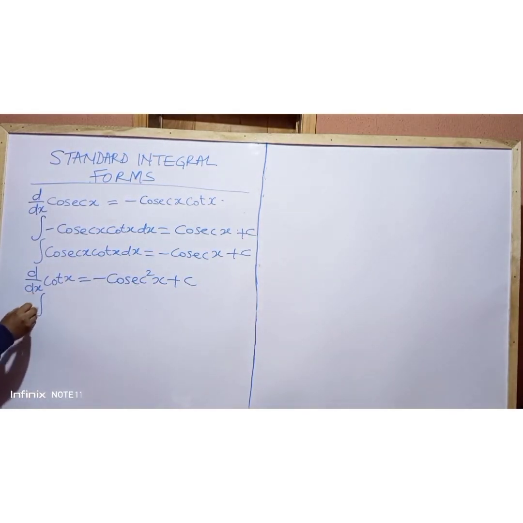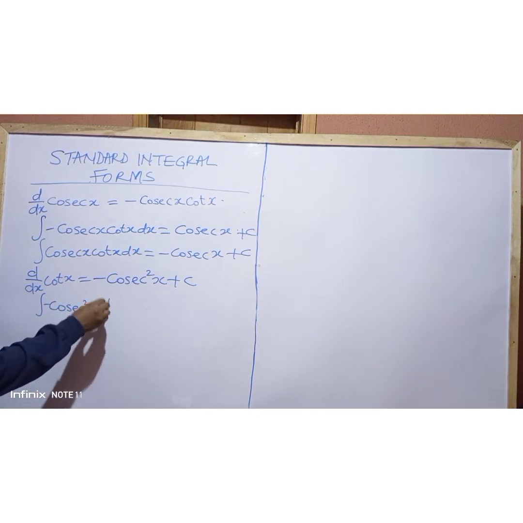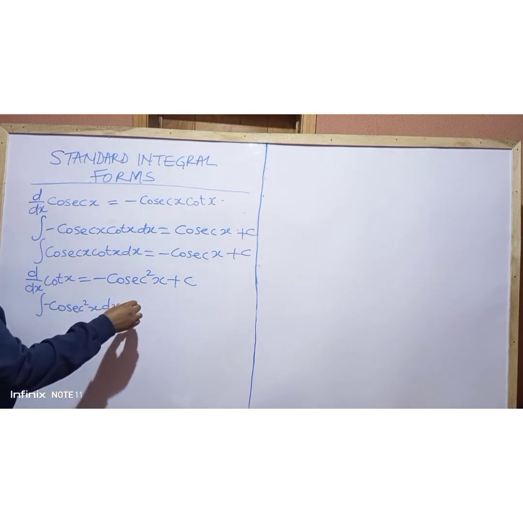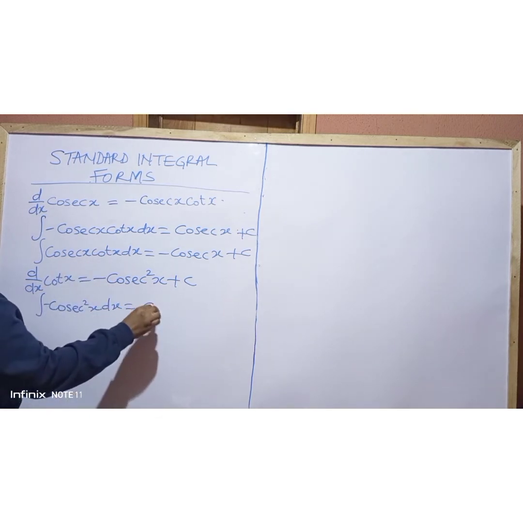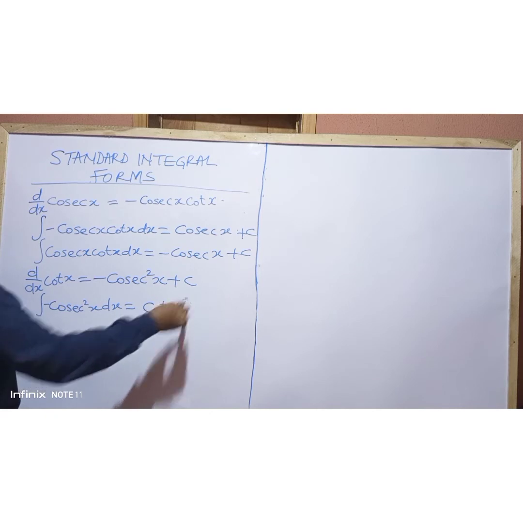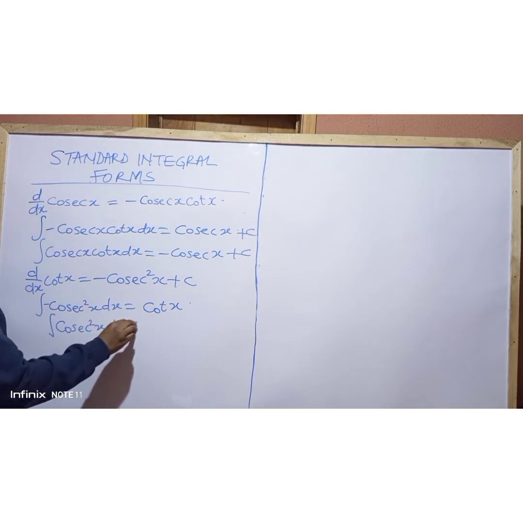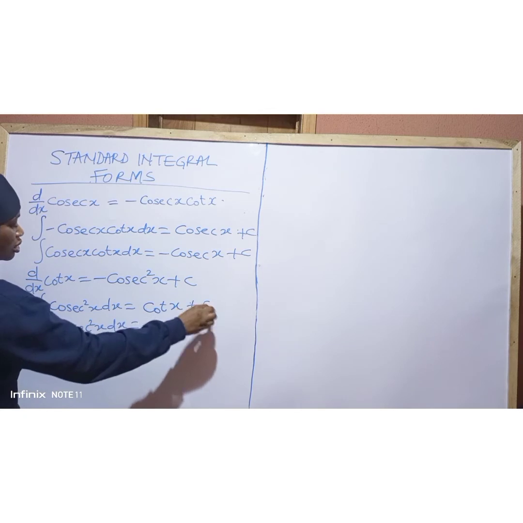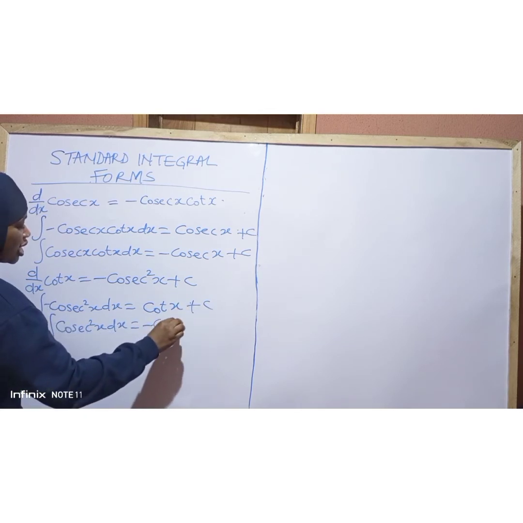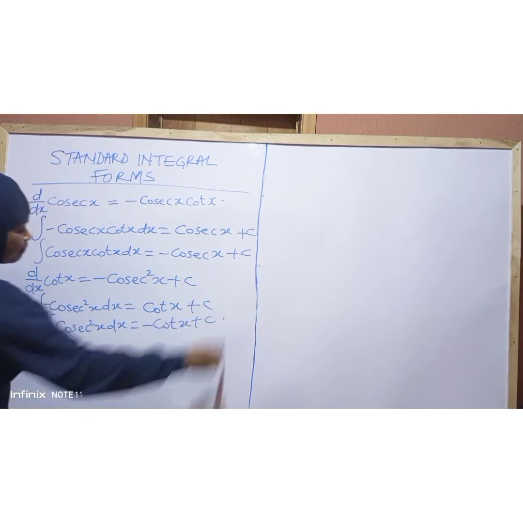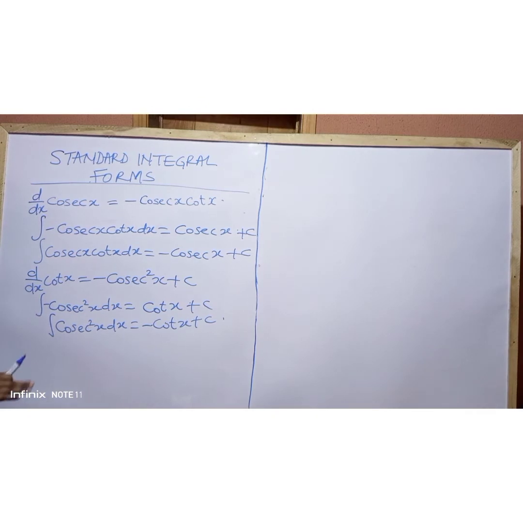So the integral of minus cosec squared x dx is equal to cot x. So invariably you can say that the integral of cosec squared x dx is equal to minus cot x plus c. You can see.